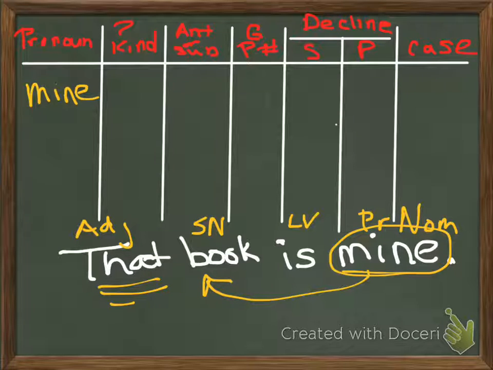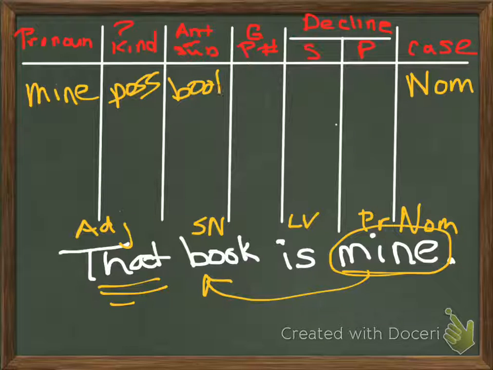So the pronoun is mine. We know it's in the predicate nominative case. So what kind is it? We know it's possessive. It's showing ownership. And it's referring to the book. Remember, it's complementing it. So the antecedent of this pronoun, again, is the book.